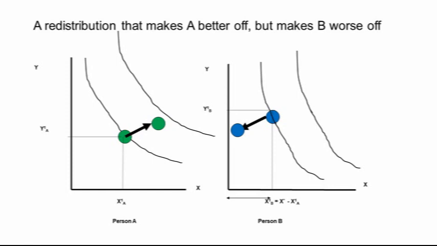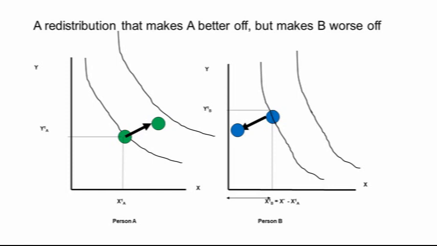Because the total does not change, person B's distribution must be a reduction of both. And the black arrow that shows the movement for person A has to be exactly the same arrow in reverse for person B. Whatever we give to person A in good X has to be exactly the amount that we take away from person B.